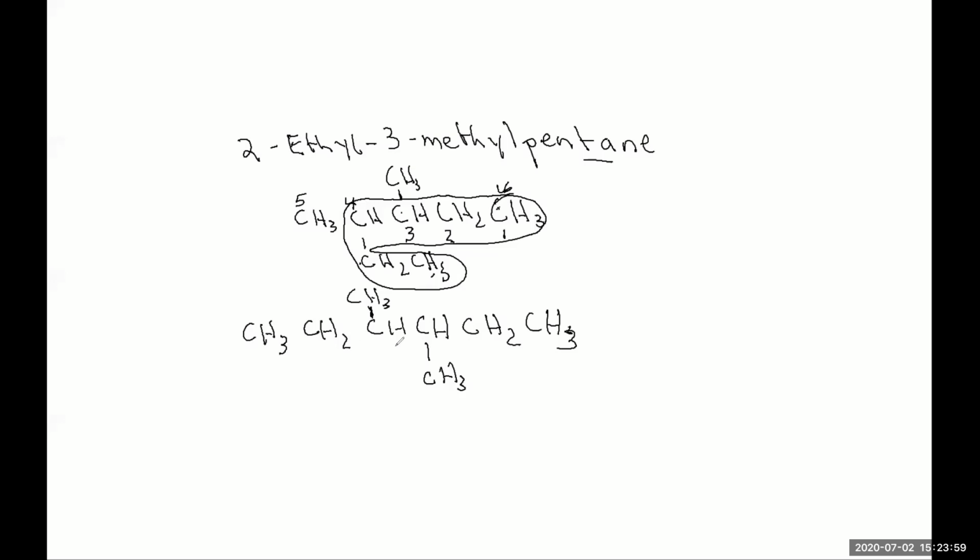So let's figure out the numbering. If we number this way, 1, 2, 3, 4, 5, 6. And if we number the other way, 1, 2, 3, 4, 5, 6. So either way, we're going to get the same name whether we number from left to right or right to left.